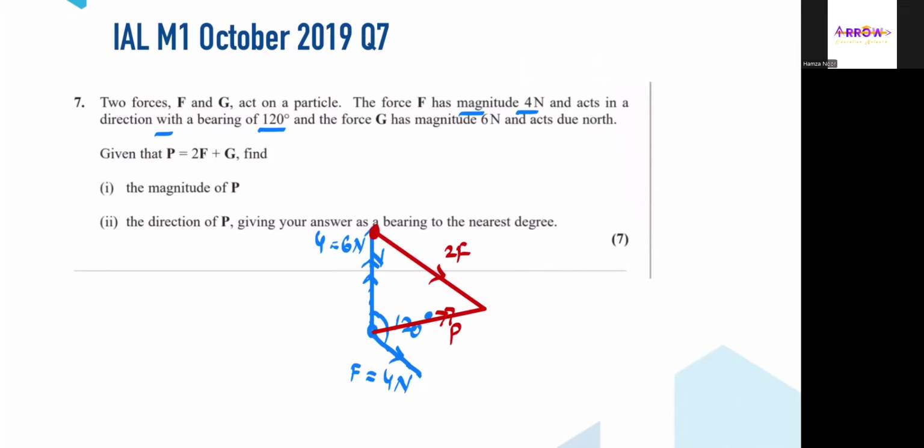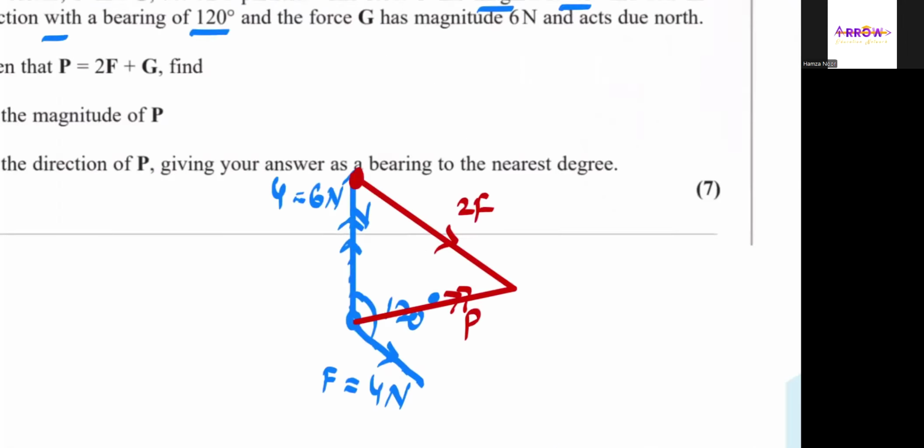Originally where the force F was acting, it was making an angle of 120 degree with the north, the obtuse angle. And to the point where I have placed this 2F force, I'm going to make a vertical broken line over here, and this obtuse angle would be 120 degrees.